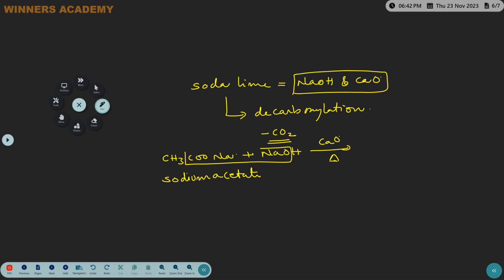As a result, this H attaches to this CH3 and forms CH4 plus Na2CO3, sodium carbonate. This is methane. Here one carbon is converted into sodium carbonate, so CO2 escapes in the form of Na2CO3.